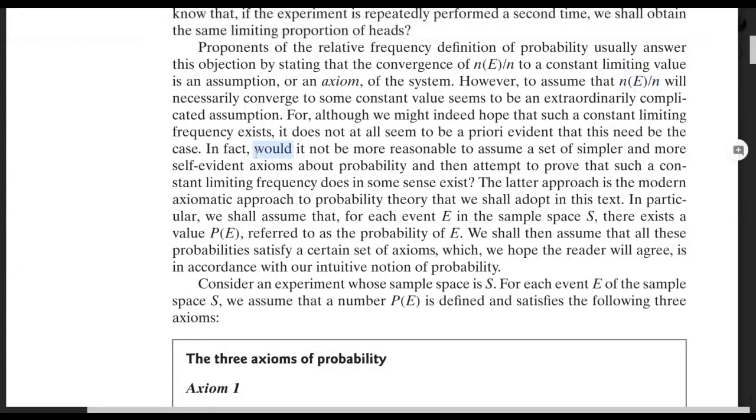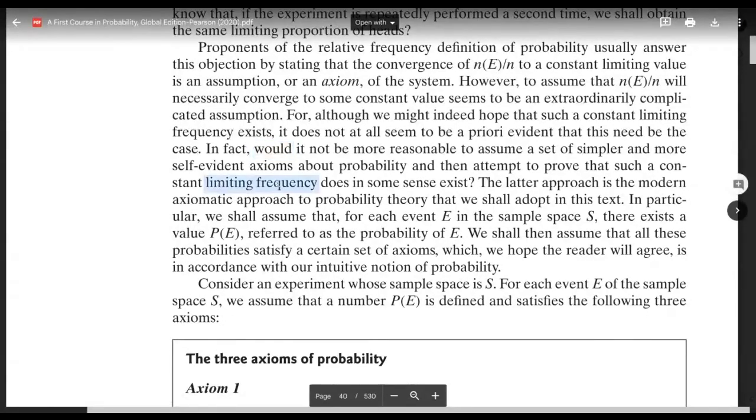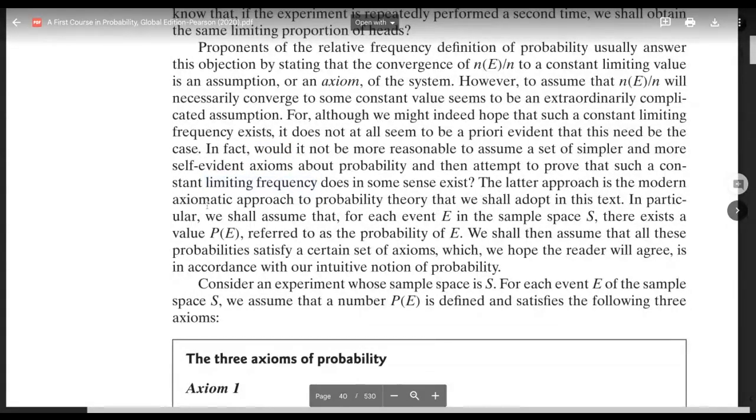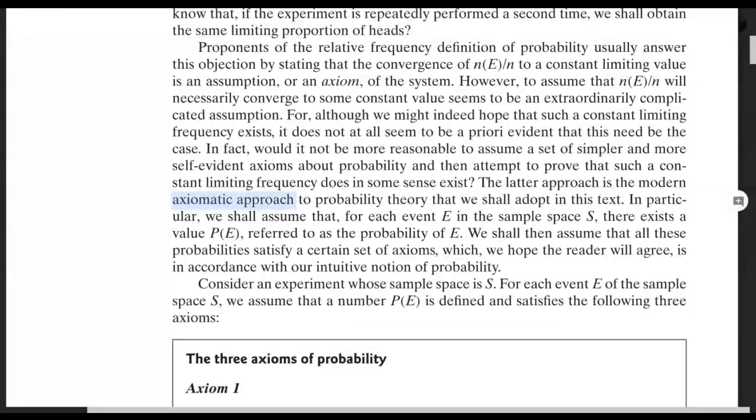In fact, would it not be more reasonable to assume a set of simpler and more self-evident axioms about probability, and then attempt to prove that such a constant limiting frequency does in some sense exist? The latter approach is the modern axiomatic approach to probability theory that we shall adopt in this text.